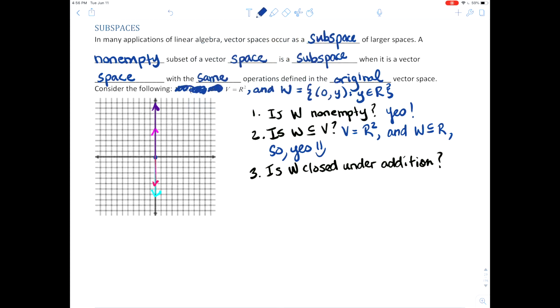Well, remember we have to take something from W. So if we let the vector U equal to, as long as there's a 0 here and a variable, let's call this one U1, so you don't start mixing up vectors with components of vectors.